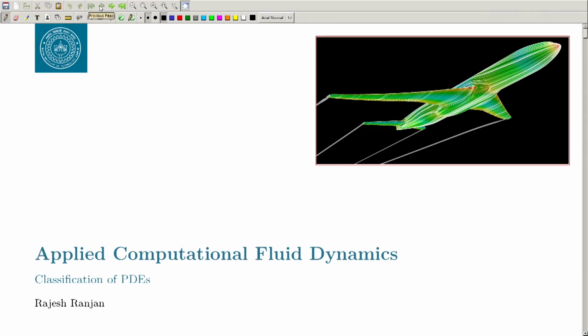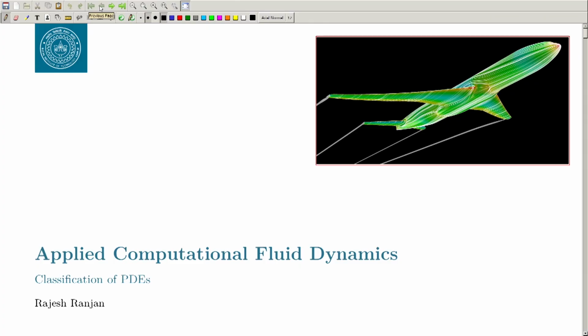Secondly, whether it is linear or non-linear, or maybe quasi-linear, semi-linear, and then whether it is homogeneous or non-homogeneous. Finally, based on their physical character, we can have whether the equation is elliptic, hyperbolic or parabolic. It can be a mix of all three also, or in certain regimes it may display one character more strongly than the other, right.